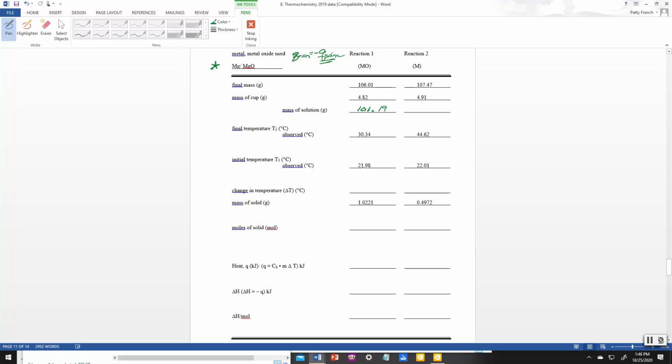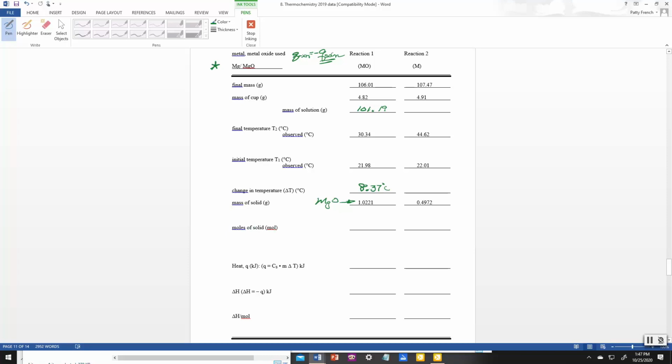Now, the temperature change for this particular reaction, when we took magnesium oxide, massed it, put it in a cup, and added hydrochloric acid, the temperature change in this case came out to be 8.37 degrees C. Now, the mass that was used of the magnesium oxide was 1.0221 grams. Remember, this had to be around 1 gram for magnesium oxide, more than that for calcium oxide.